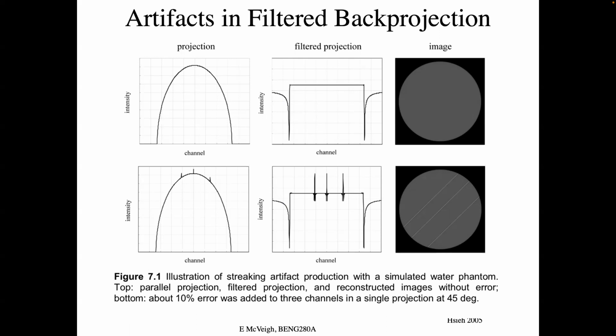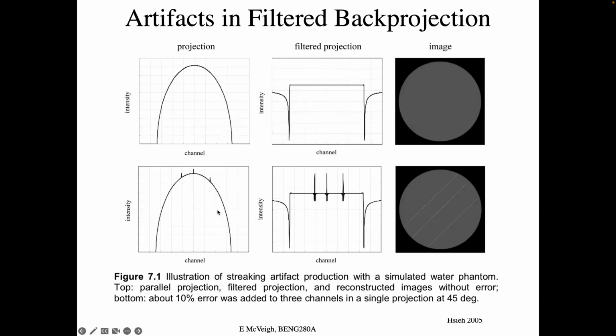In this case, there are 3 channels at a particular view angle that popped off some noise such that their value is 10% in error from the true value. This isn't a true noise simulation. It's just a look at what happens if, say, 3 pixels are noisy on our projections.